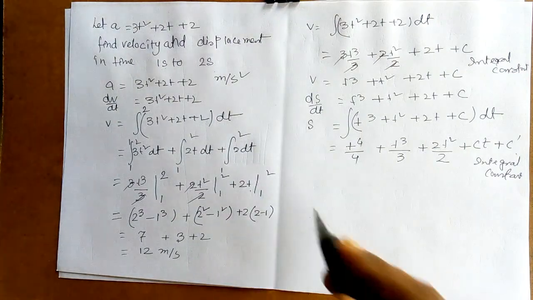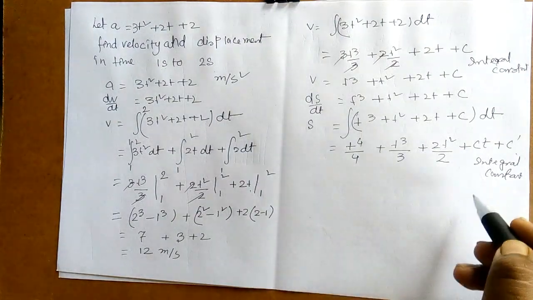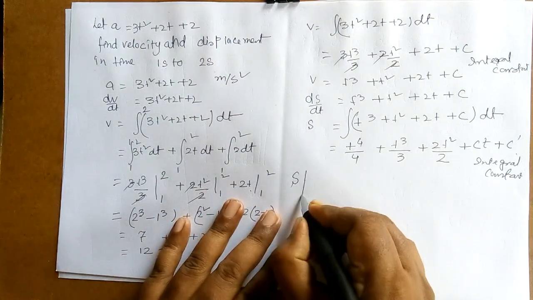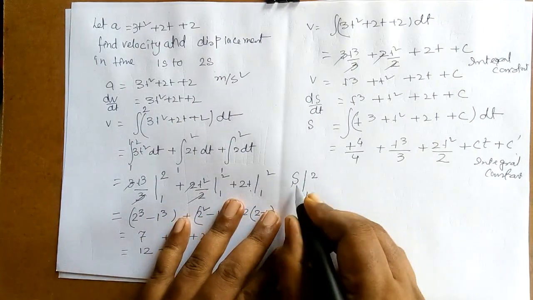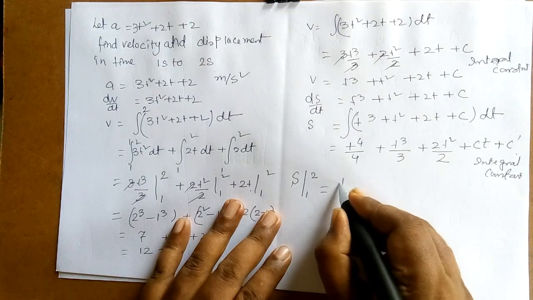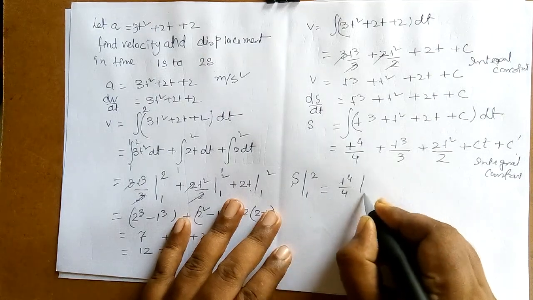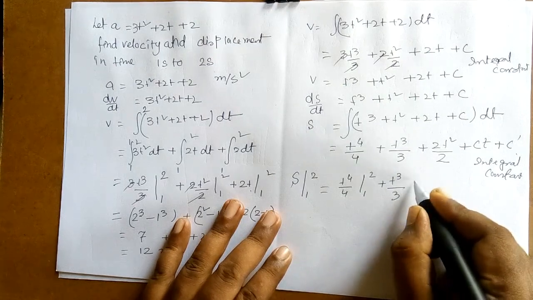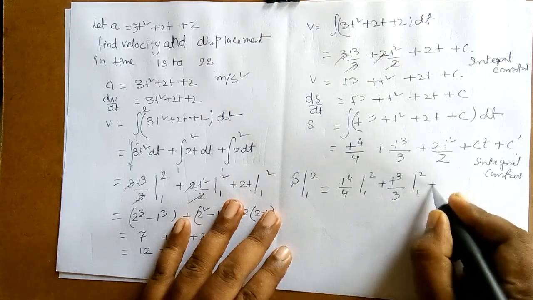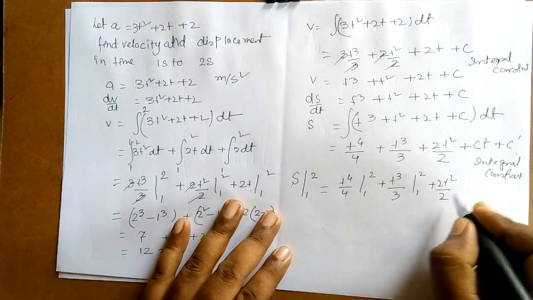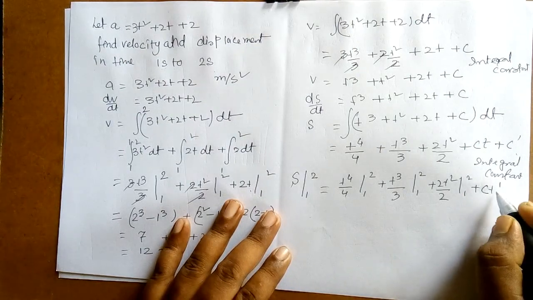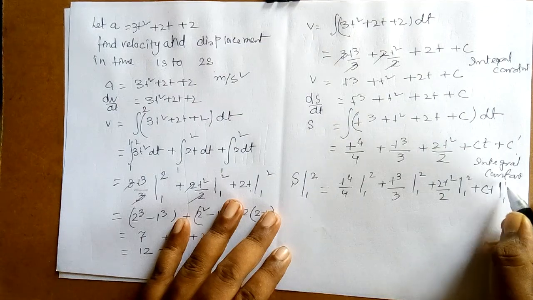And if you give the limit here, then do upper limit minus lower limit. So here no need to give c dash. So s from 1 to 2, if you find, it will be t to the power 4 by 4 from 1 to 2, plus t to the power 3 by 3 from 1 to 2, plus 2t square by 2 from 1 to 2, plus c t from 1 to 2.